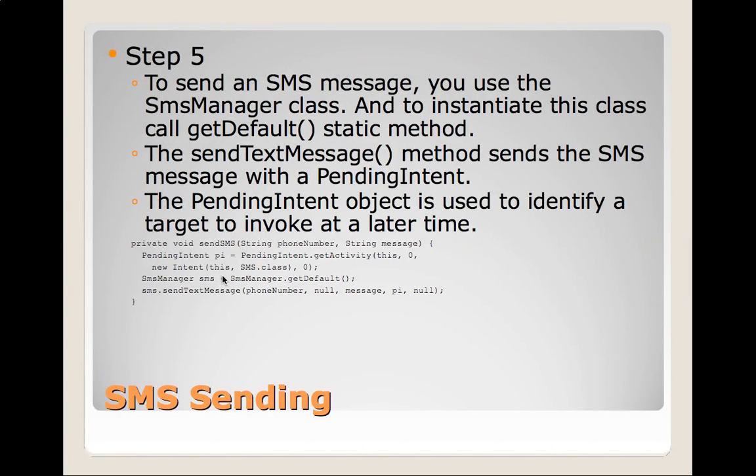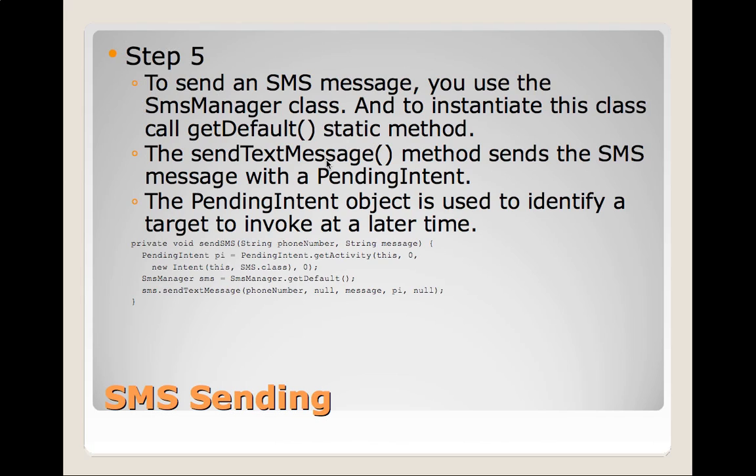And here's the sendSMS. To send the SMS, in this particular example, we're using the SmsManager class. We're going to instantiate this class with the call to getDefault, which is a static method, which is going to essentially give us the default SMS messenger service.